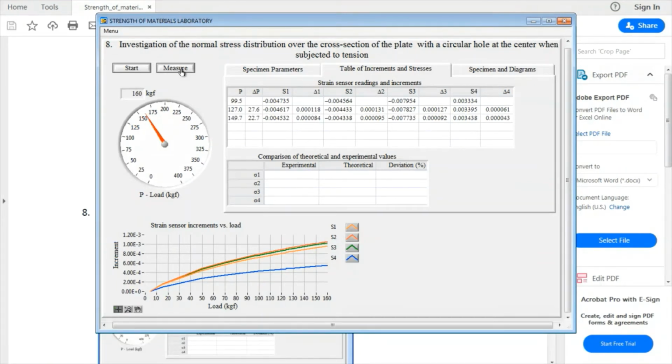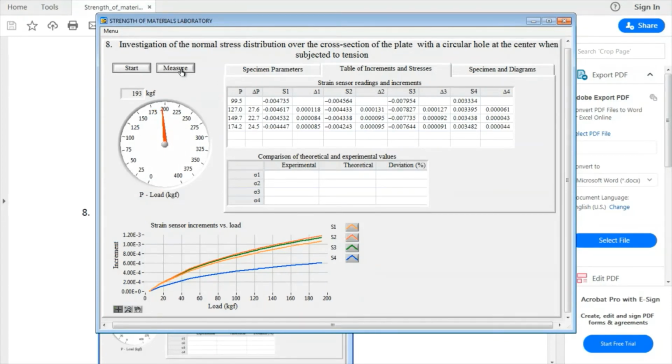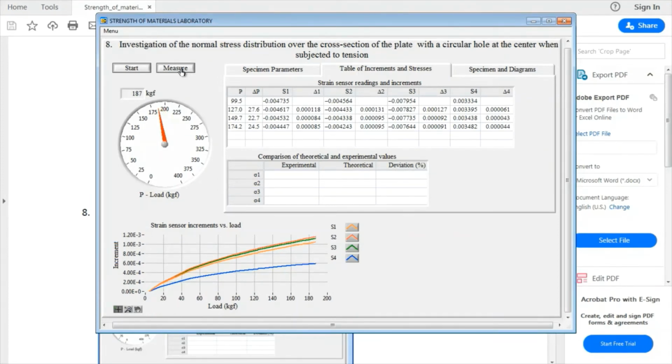Another reading, 175, yes, almost, and then measure, and the last reading at 200. Almost 200, and measure. So this table shows our readings, the 5 readings.